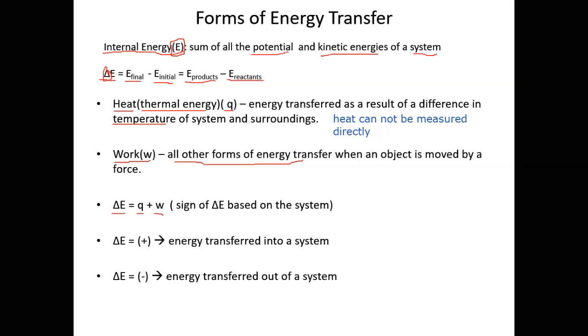And if delta E is positive, energy is going into the system. If it's negative, it's leaving the system. And so again, the way we find delta E is we take the heat of the system and the work of the system and add them together.